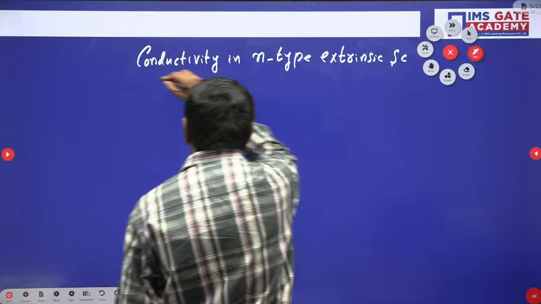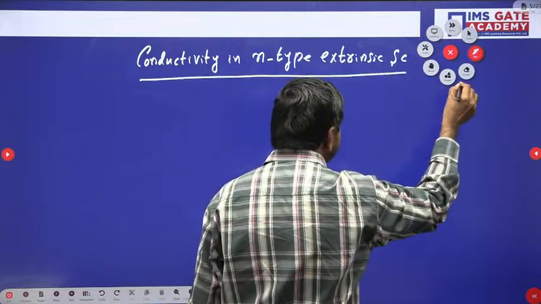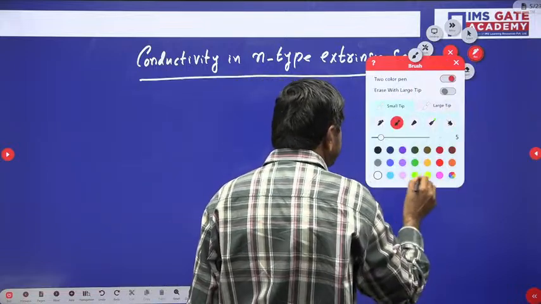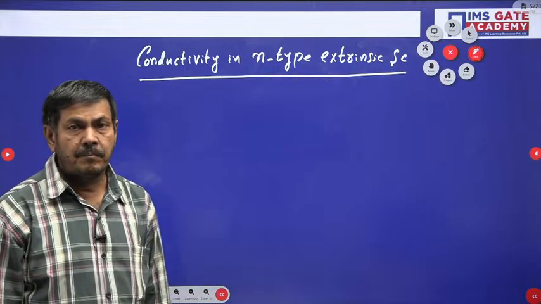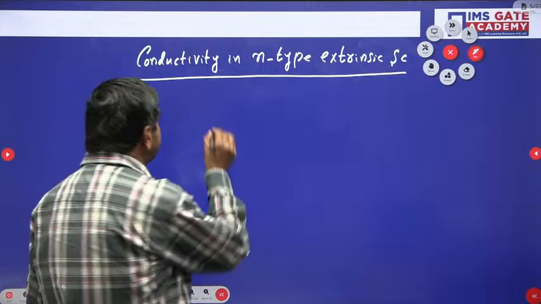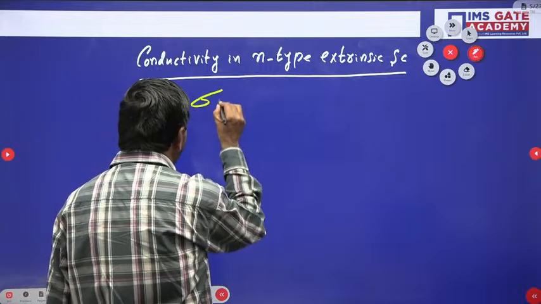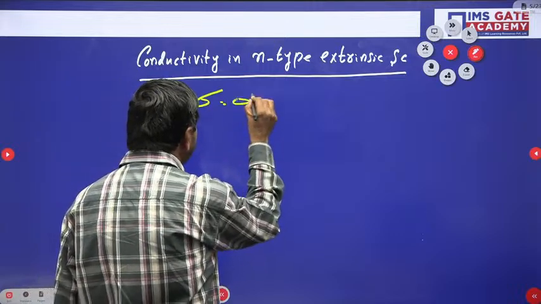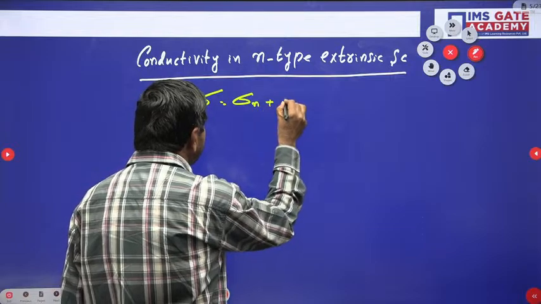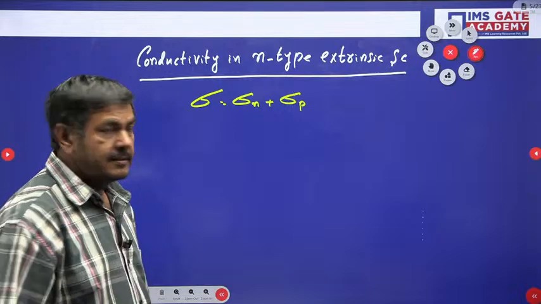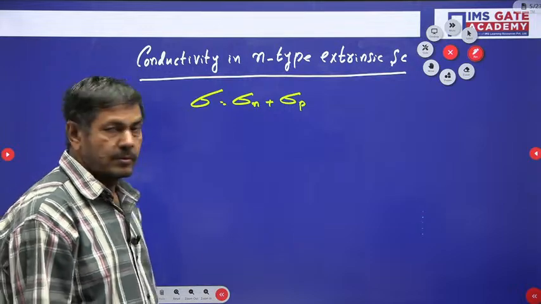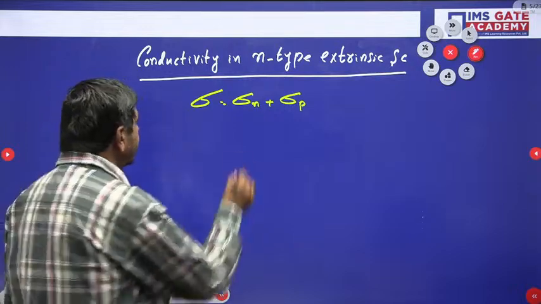The total conductivity in the n-type extrinsic semiconductor is calculated as conductivity due to electrons plus conductivity due to holes. Electron concentration is more here, majority carriers are electrons only.